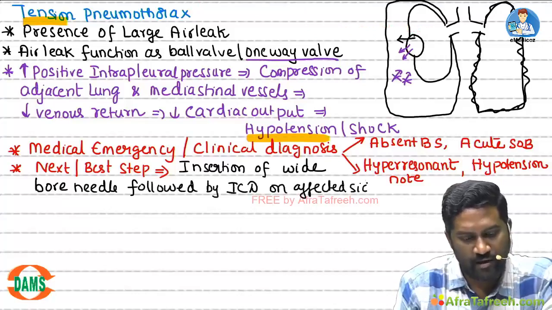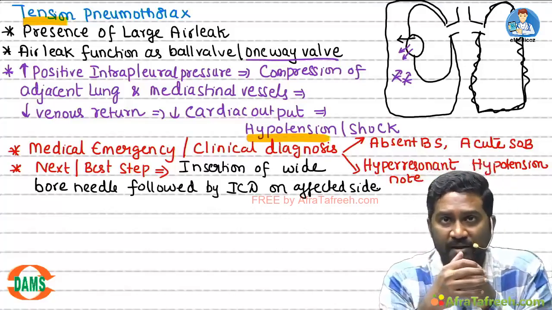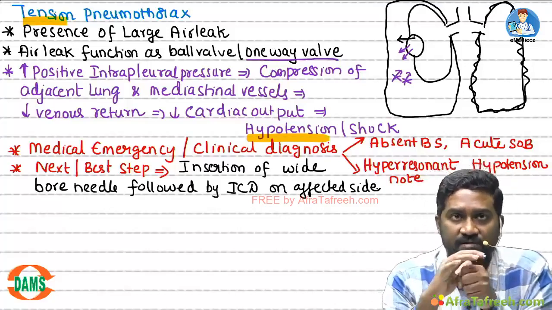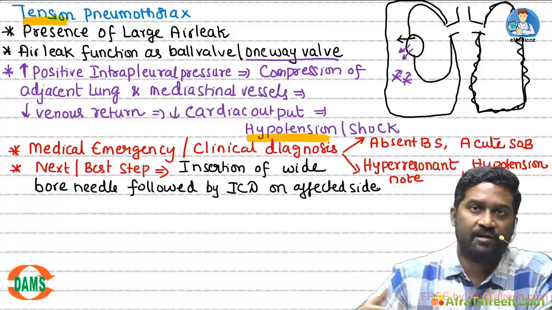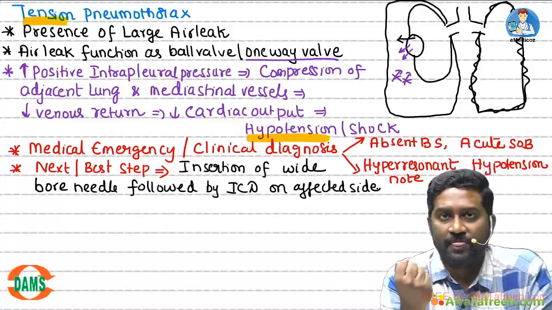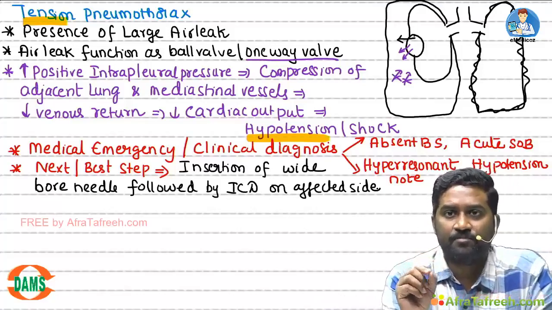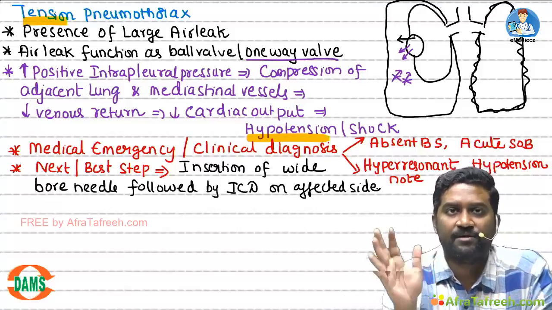Now, there is a lot of pressure within the pleural cavity compressing your vessels. There is no proper circulation. By putting a needle, you can relieve the pressure. The compression will be relieved, the circulation will improve, and the patient's life will be saved.